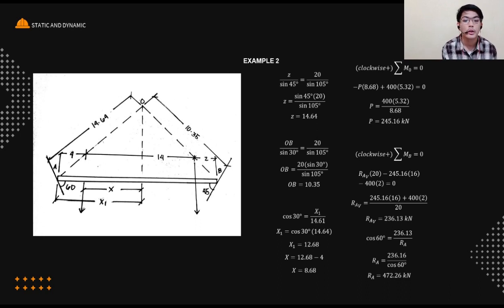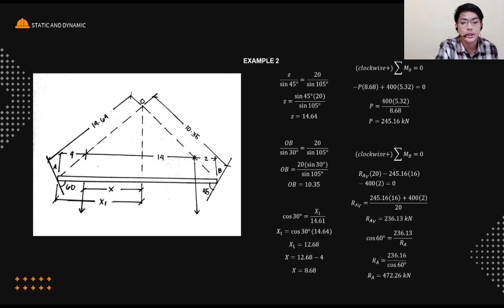Then OB over sine 30 degrees equals 20 over sine 105 degrees. By cross multiplication, OB equals 20 sine 30 degrees over sine 105 degrees, which leads to OB being equal to 10.35.